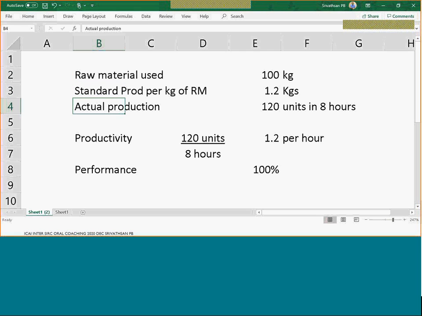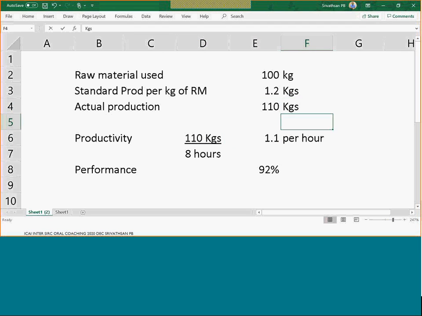Material used, I get 1.2 kg of production. So for every kg, I get 1.2 kg output.